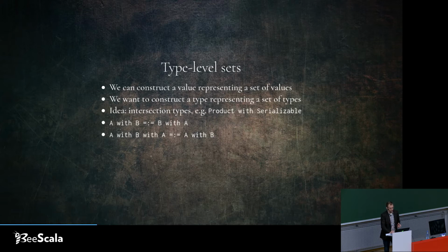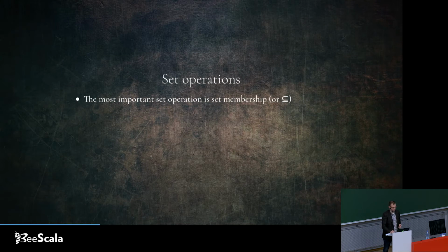So you may be thinking this looks a little bit like the semantics of a set. We have uniqueness and we have unorderedness. But for the set to be useful, we need something a little bit more than that. It's all very well being able to construct sets, but if we can't do anything with them, then it's a little bit useless.